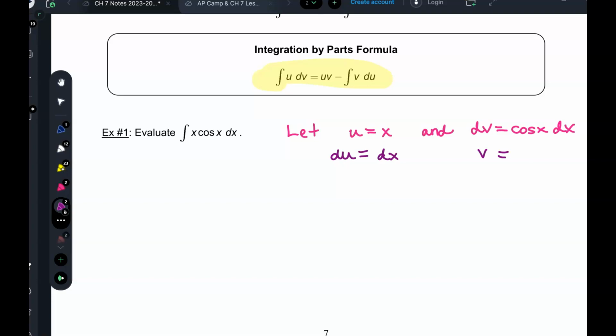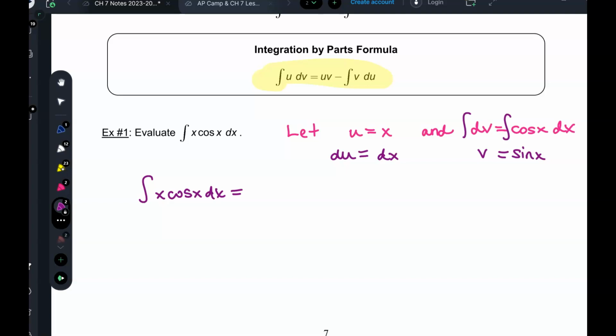What would happen if we integrate that? We get sine x. Don't worry about the plus c. We'll do the plus c at the very end. Okay, now we're going to use that formula. So the integral here is going to be uv.